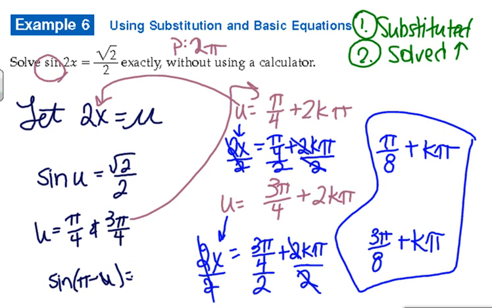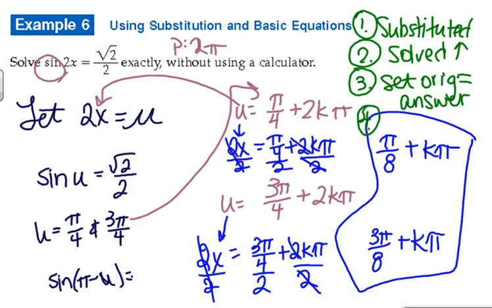All right, and so we got u, and now we have to actually go back in and simplify using the substituted value. So we substituted and we solved, and now we have to set the original equal to the answer, and then we simplified again. Okay, clear as mud, right?